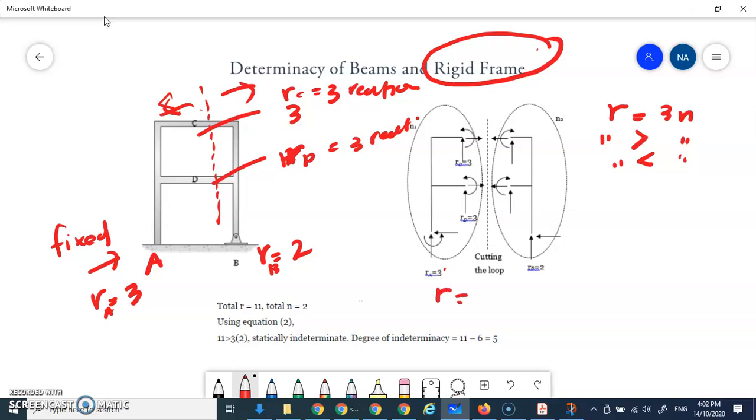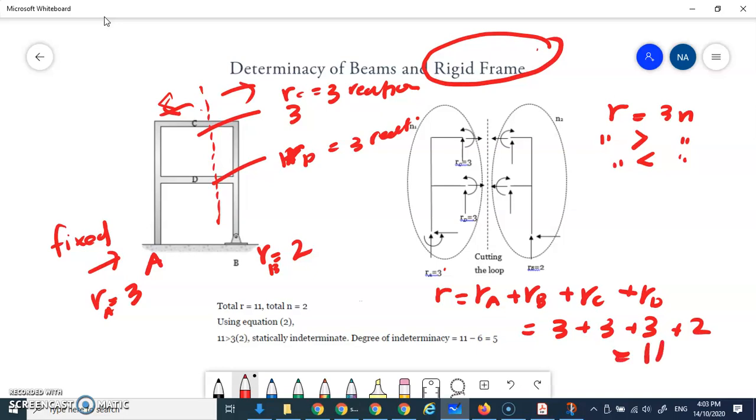Okay, R sama dengan RA, RB, RC plus RD. Okay, so 3 plus 3 plus 3 plus 2 is equal to 11. Okay, so how many parts? So kita dah pecahkan rigid frame ni kepada 2 bahagian. So it will become N1 this side and this side will become N2. So N here is equal to 2.